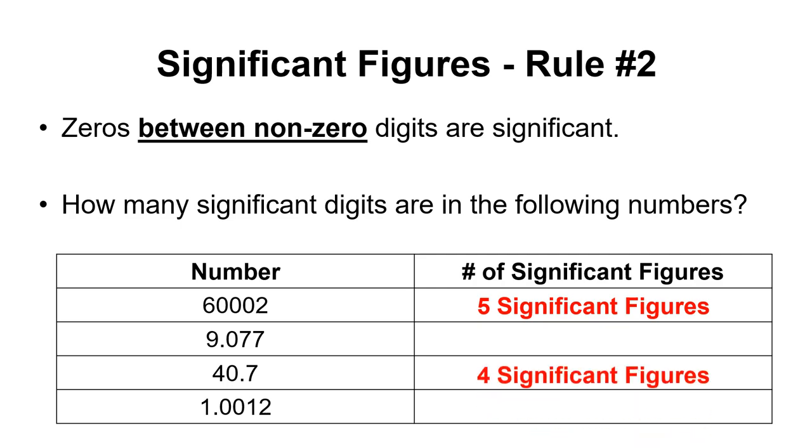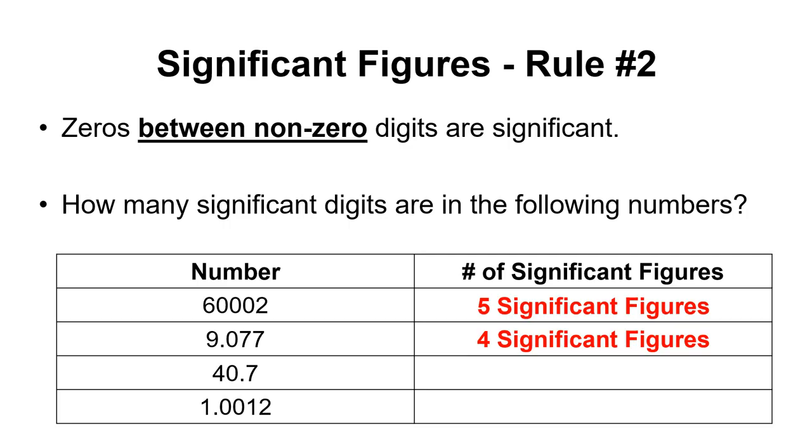9.077. 4 significant figures. And then what do you think are the number of significant figures in 40.7? Well, how many?